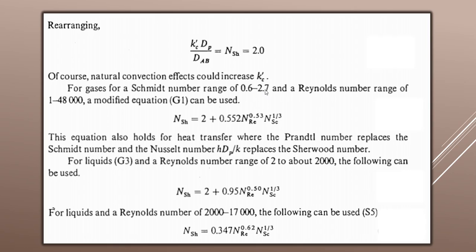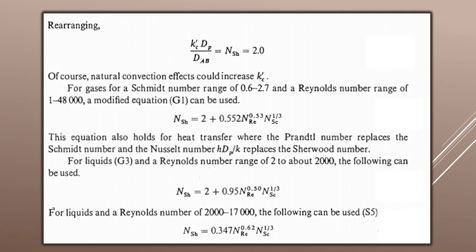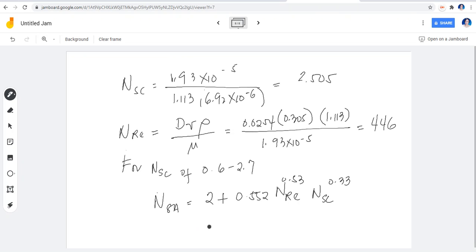So it's within this range. And a Reynolds number of 1 to 48,000. Our Reynolds number is 446. So we are falling on these particular values of the Schmidt number and the Reynolds number. So we'll be using this particular formula, and that's the formula that we did use when we solved for the Sherwood number.